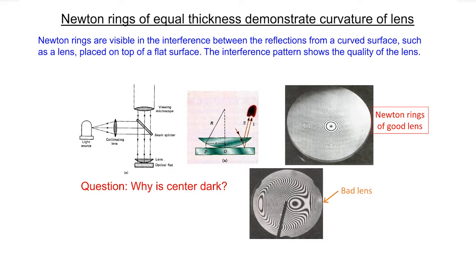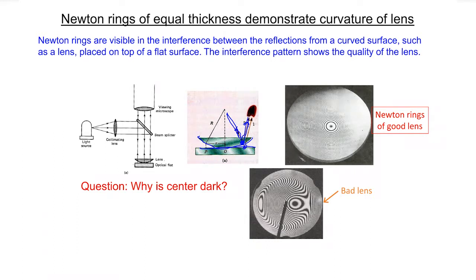A different type of interference, but again based on splitting of the amplitude of the incident light, is the interference that you get when you, for instance, look at a lens, a curved piece of glass, positioned on a flat piece of glass. What you effectively see is a pattern that originates from interference, again between light reflected from this interface, glass-air, and light reflected from that interface.